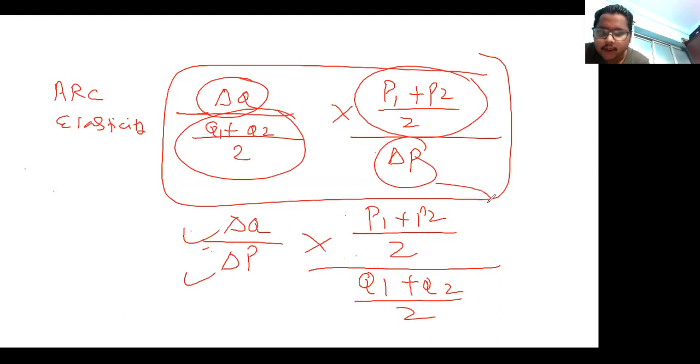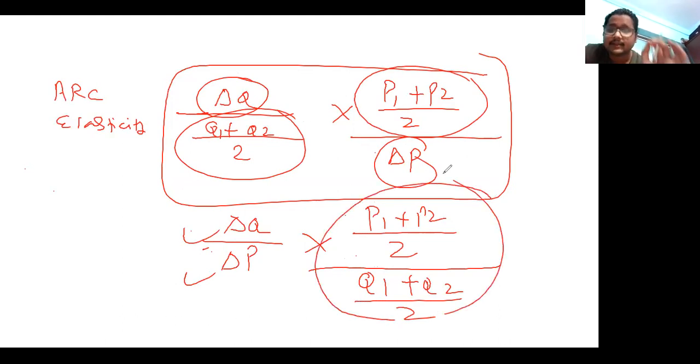So again we are going to simplify this. This is the derivation of the elasticity of the arc method using the proportionate method. Although it's not useful for your exams, you must know how, through the proportionate method, we derive the formula of the arc method.